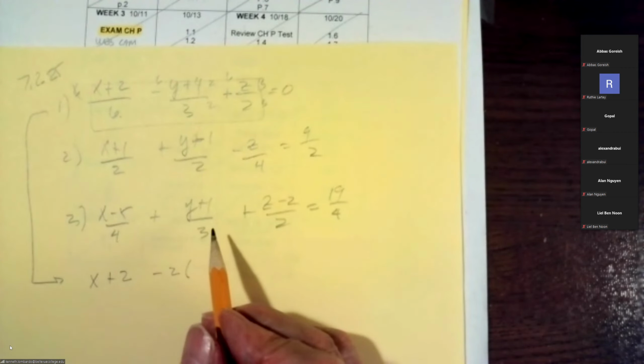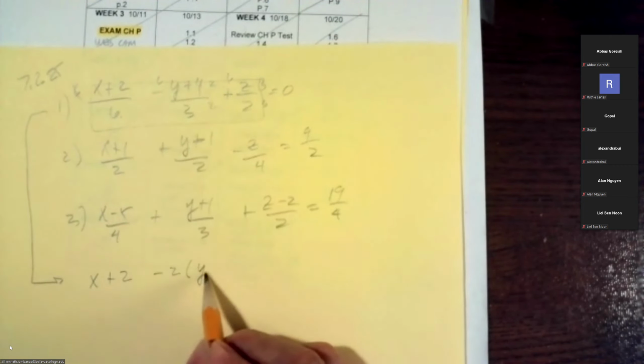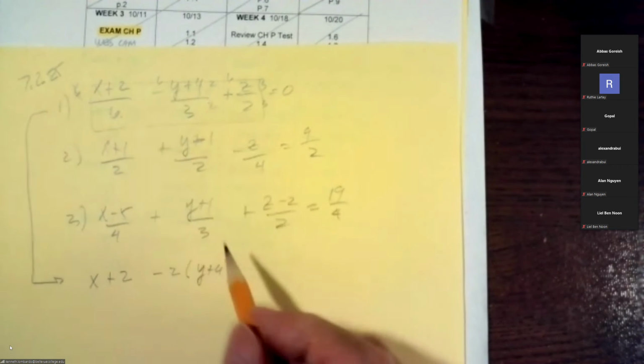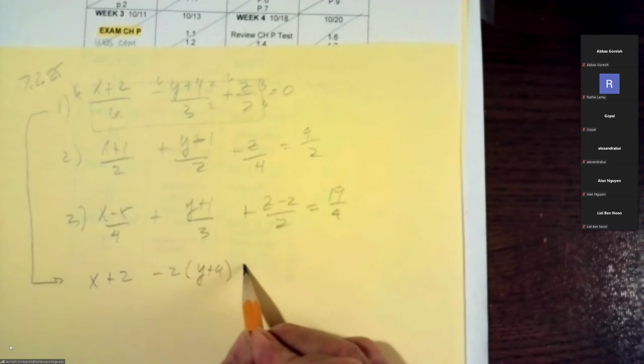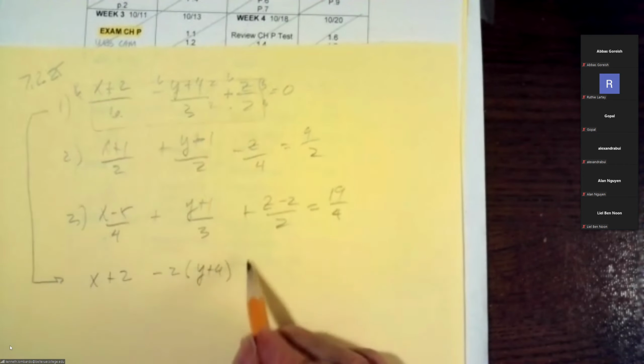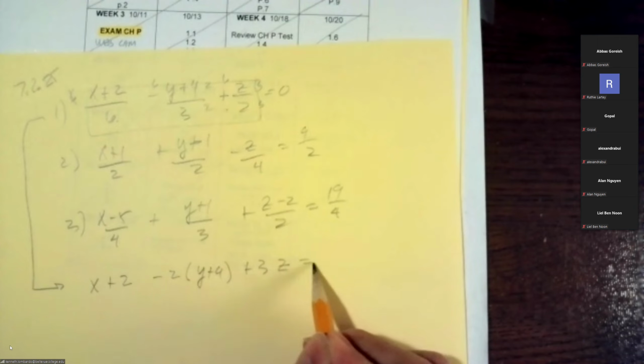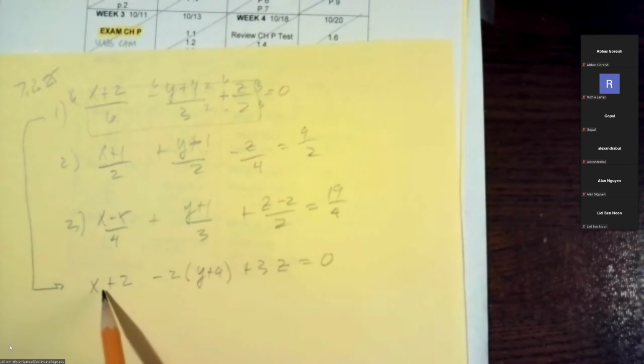We're going to have 6, that'd be negative 2 times (y plus 4). And over here, we're going to have 3, 6 times, so it'll be 3 plus 3z equals 0. So we'll end up with x plus 2 minus this.